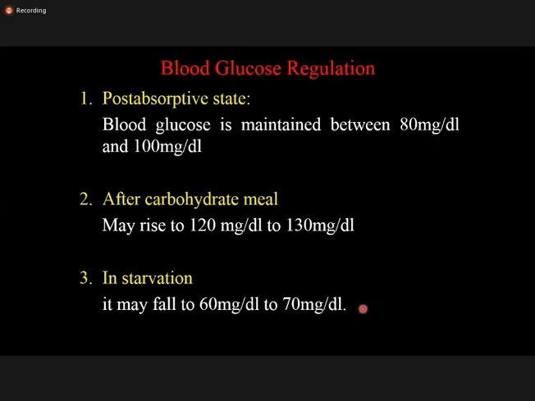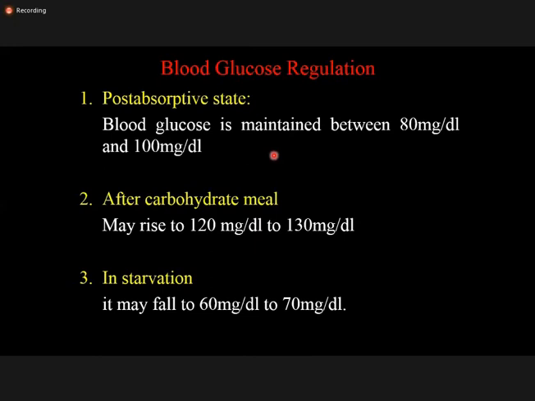What you need to remember here is that the blood glucose concentration is maintained within very narrow limits: in the post-absorptive state between 80 and 100, 120 to 130 after taking a carbohydrate-rich meal, and between 60 and 70 milligrams in starvation. So the body is trying to maintain the blood glucose concentration in a very narrow range, and certain hormones and certain organs help in the maintenance of blood glucose regulation.